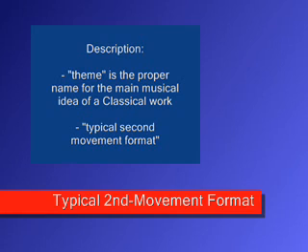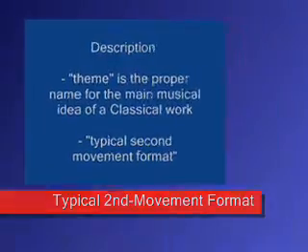When I think of theme and variations, I think of its typical position and its typical use as a second movement format. Indeed, if a composer does not choose to use sonata allegro format for this movement, 9 times out of 10 he will choose to use theme and variations for it.